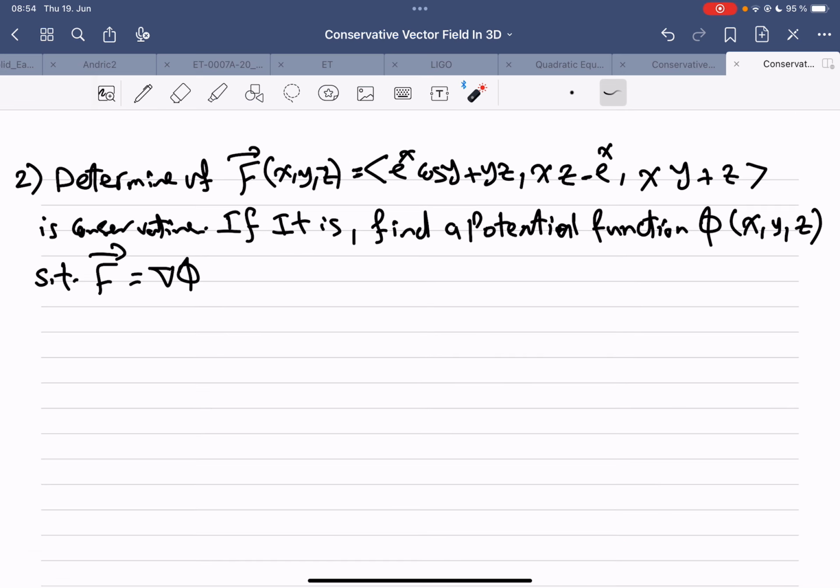Next example here, we have f, this is m, this is n, this is b.